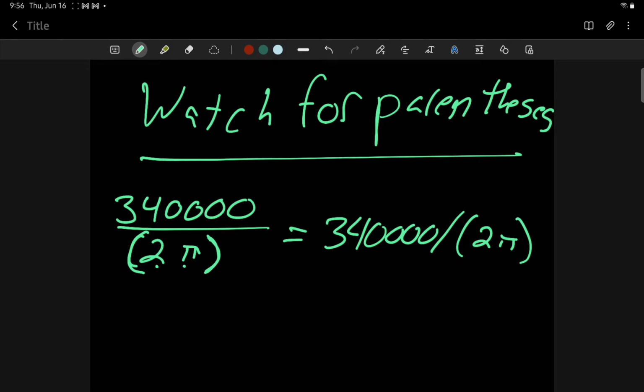But then when you move it to Canvas and you're writing it out, that's where you run into trouble. I saw this mostly with people that typed out their answer into Canvas, right into the text box. So that makes sense.